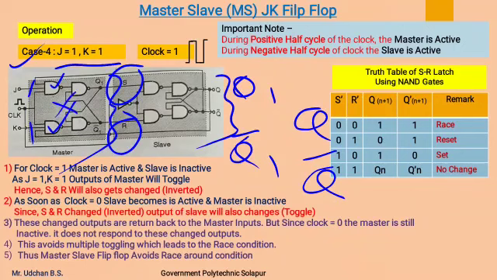It does not respond to these changed outputs, which avoids multiple toggling, which leads to the race condition. As the master is inactive, Q1 and Q1 complement will not get changed, so S and R will not get changed. That means Q and Q complement will not get changed. We get a stable output. So this avoids multiple toggling, which leads to the race condition. Thus the master-slave flip-flop avoids the race-around condition using this circuitry arrangement.